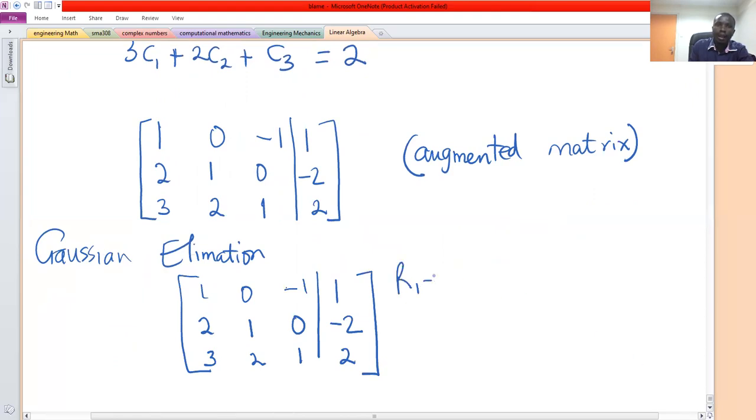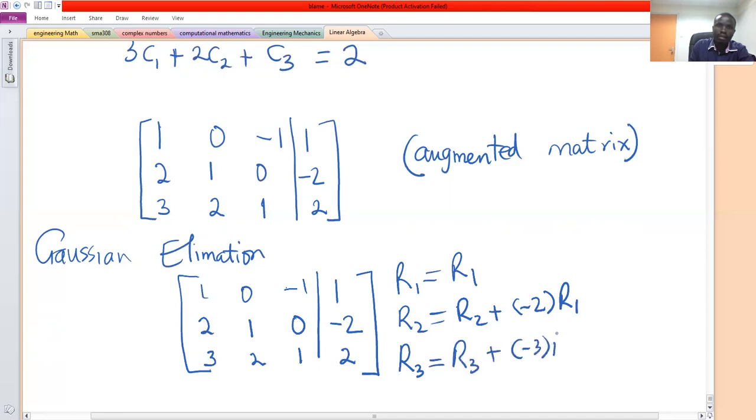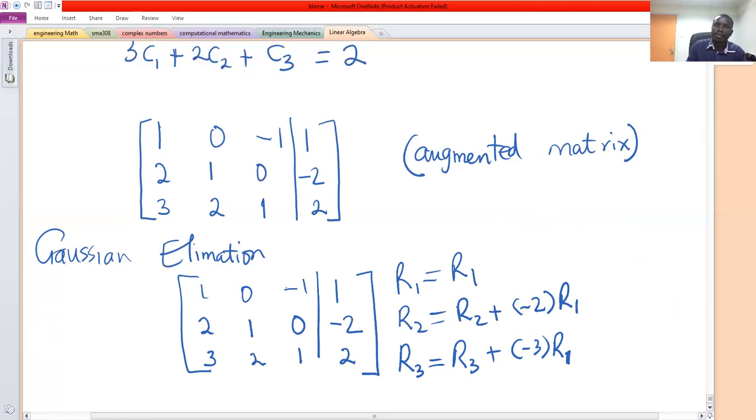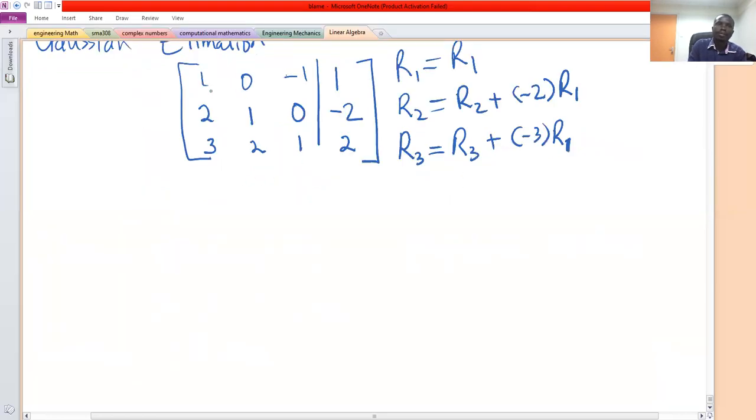Row 1, I keep it to be row 1. Row 2, I'll say row 2 plus negative 2 row 1. Row 3 will be row 3 plus negative 3 row 1. What's making me do that is because this position should be 0, this also must be 0.